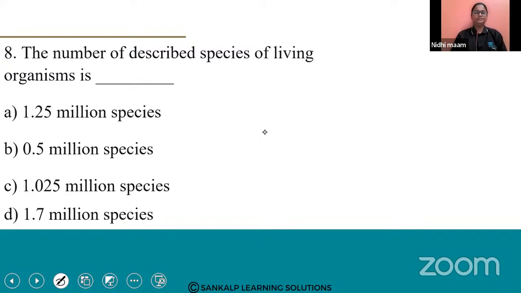Next question. The number of described species of living organisms. Roughly, how many living organisms have been described until now? 1.25 million species, 0.5 million species, 1.025 million species, 1.7 million species.